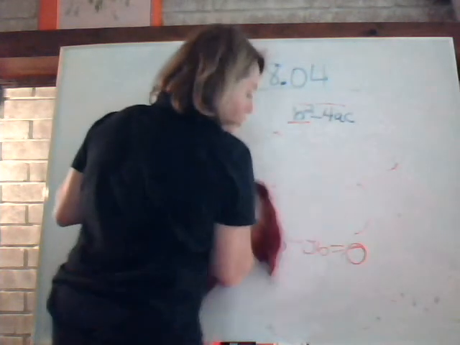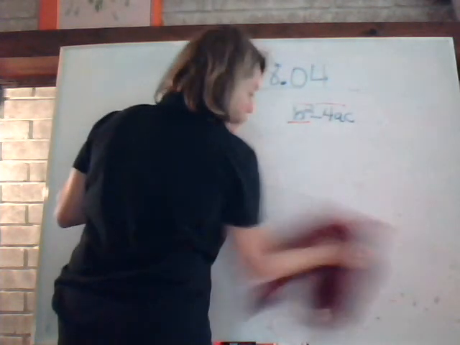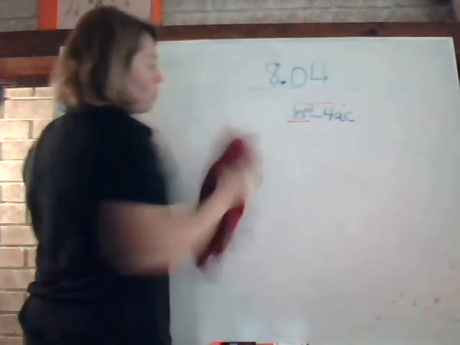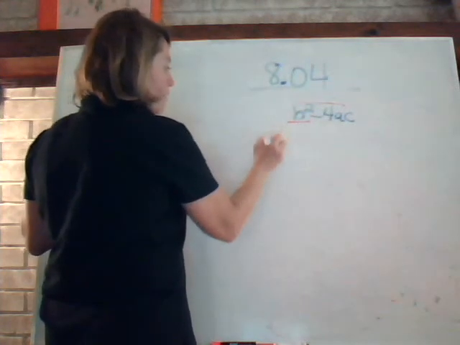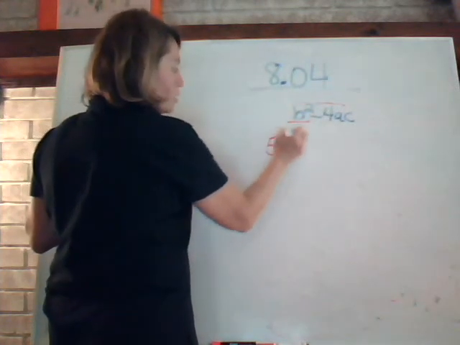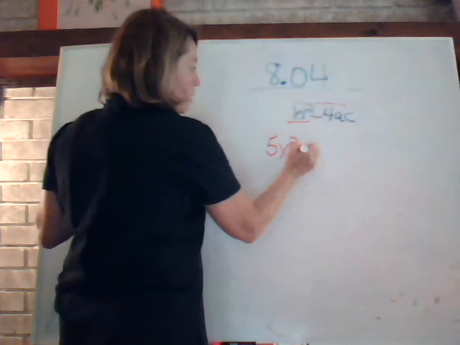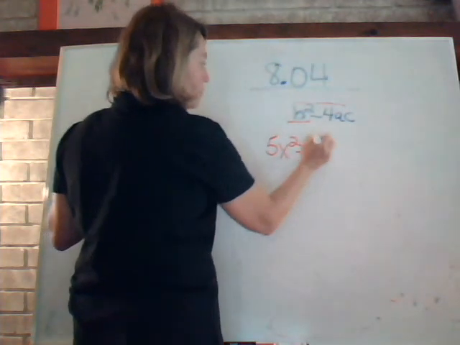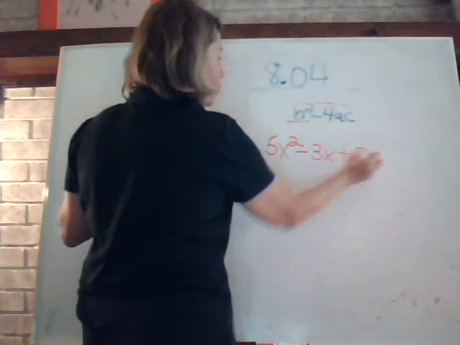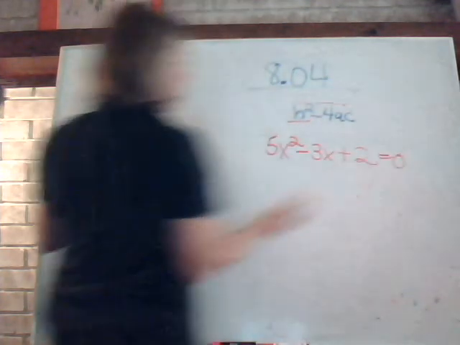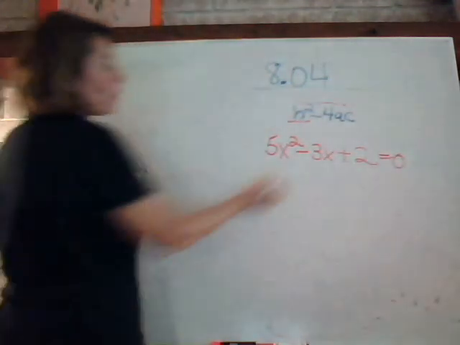Okay, so you're getting the hang of this. Let's see if we can come up with one more of these. Okay, what if I have 5x squared minus 3x plus 2 equals 0. Okay, I'm going to do my b squared.